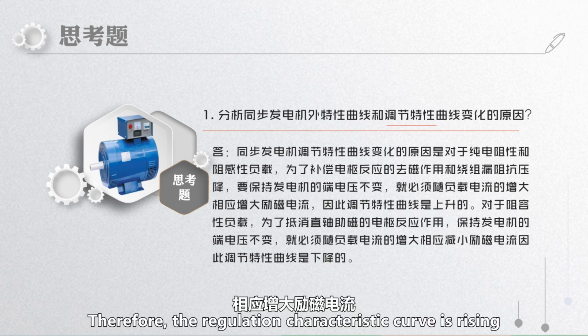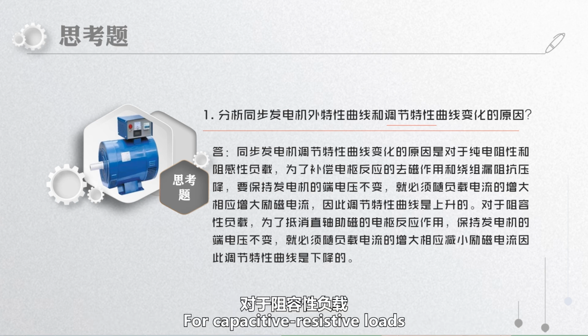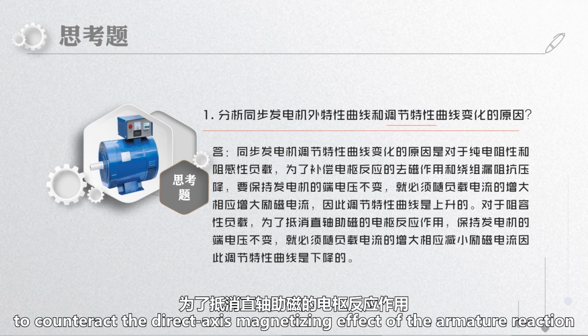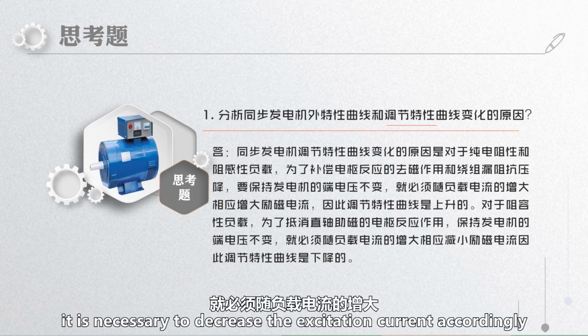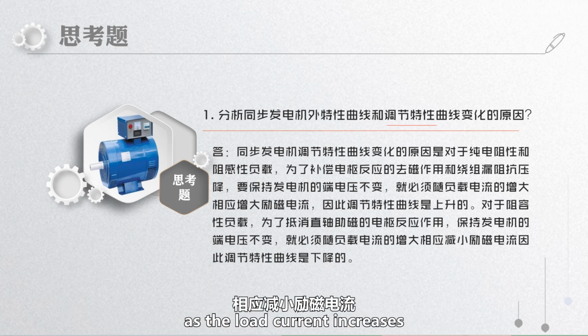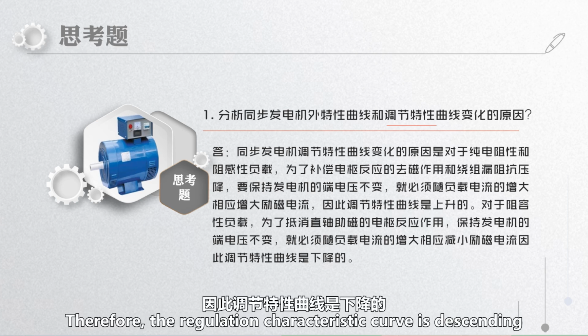Therefore, the regulation characteristic curve is rising. For capacitive resistive loads, to counteract the direct axis magnetizing effect of the armature reaction and maintain the terminal voltage of the generator constant, it's necessary to decrease the excitation current accordingly as the load current increases.